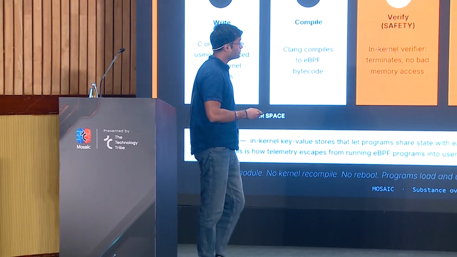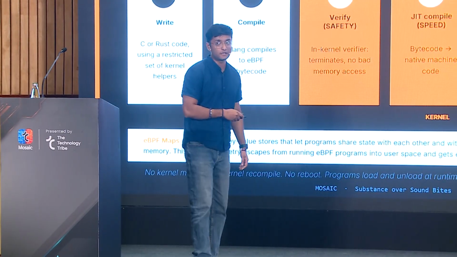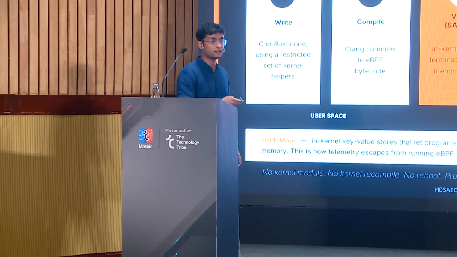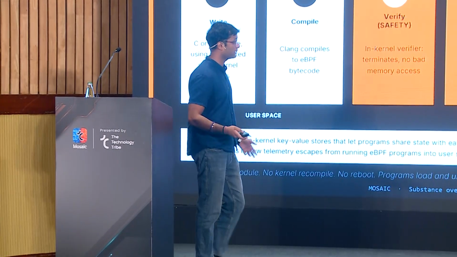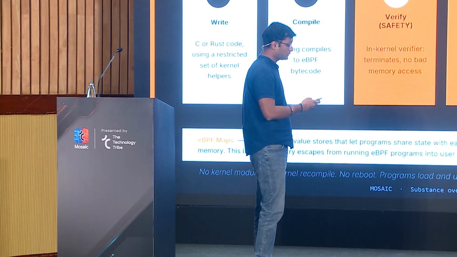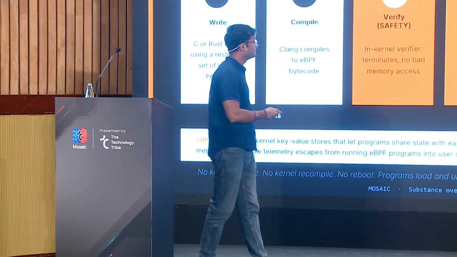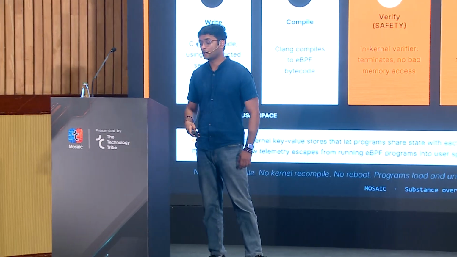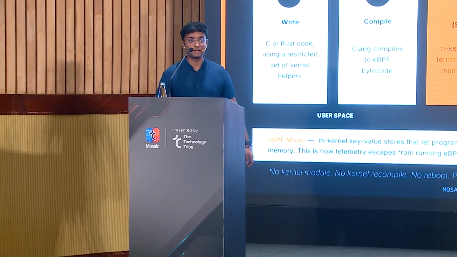And then you attach your program to a kernel event, because everything is event driven: packet arriving, packet leaving, socket connection being created or getting destroyed. Those are the kinds of events you attach your program to, and then you observe. eBPF provides a way to have persistent data during runtime.